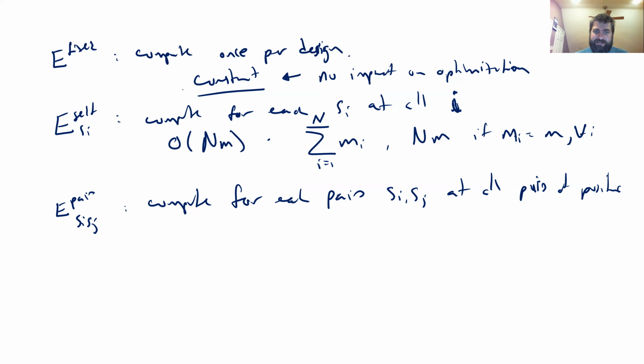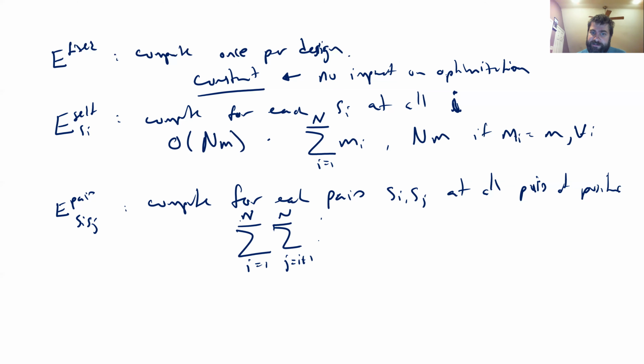What this really means in the most rigorous definition is that we need to do a sum over i from 1 to n, and a sum over j from i plus 1 to n.